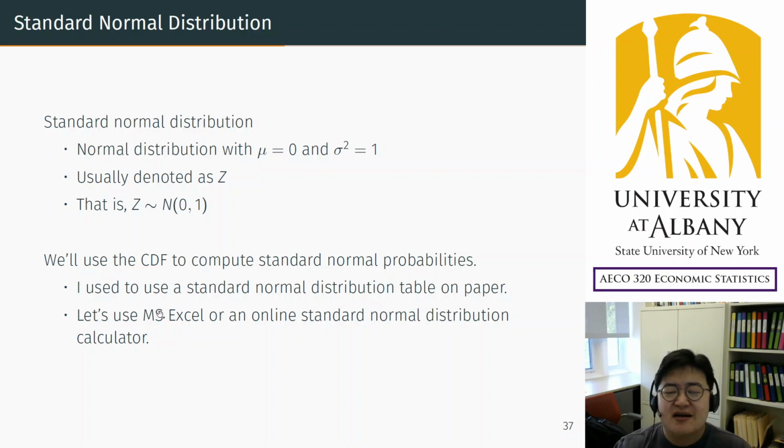When I first started teaching this course, I used to use a table on paper, but it's nearly obsolete. Instead, you may use Excel, or you can search for a standard normal distribution calculator on Google. Then you will see a lot of nice calculators. If you enter a certain number, it returns the PDF or CDF.